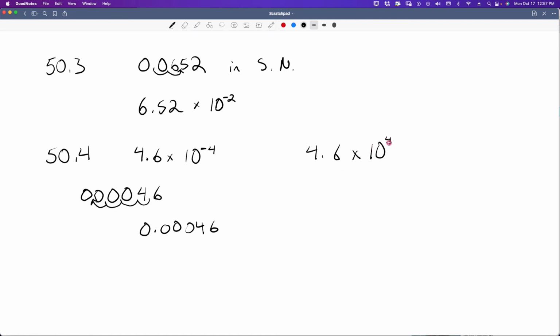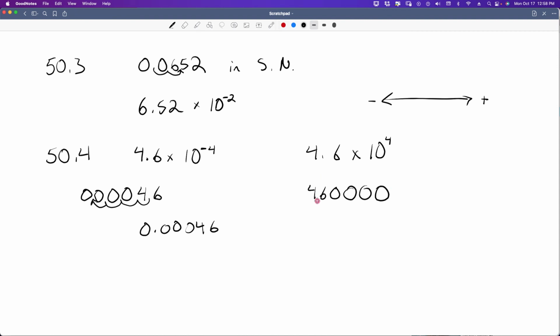That is going to be the value of 4.6 times 10 to the negative 4. But here I have a positive 4. So I'm going to move my decimal place to the right, because on the number line, to the right is positive, to the left is negative. So when I multiply, I follow the rules of the number line. So I would have 4, 6, and I'm going to need a few zeros. So I'm just going to put a few out here.